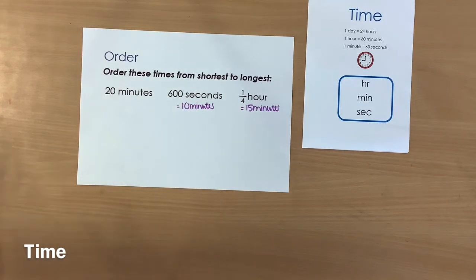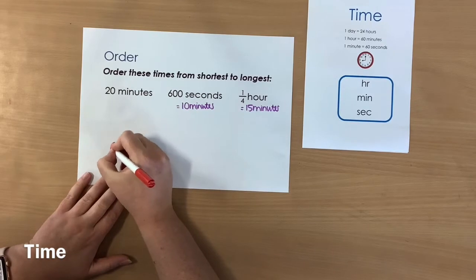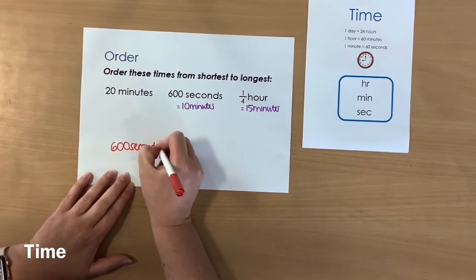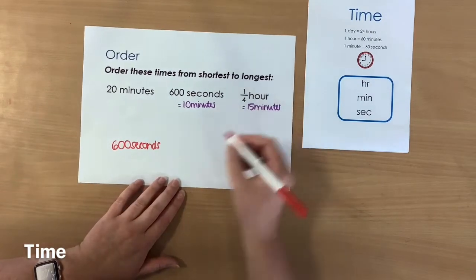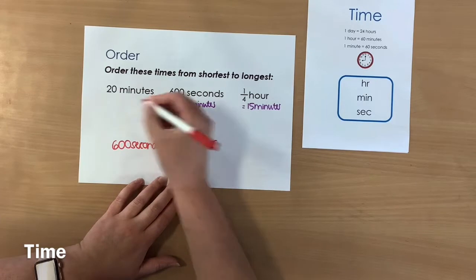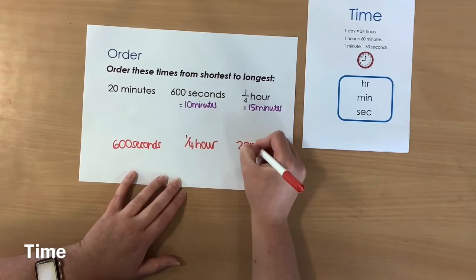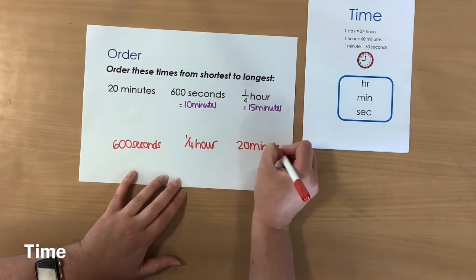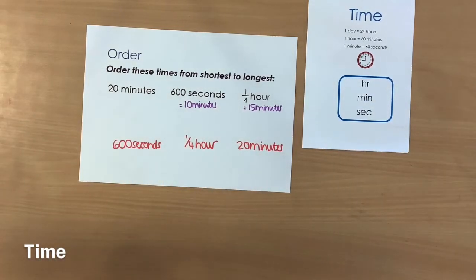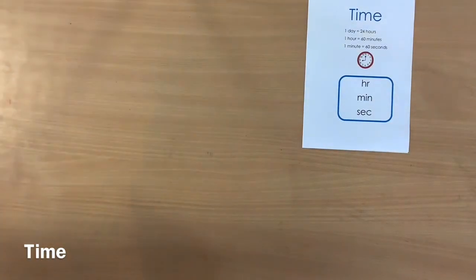The shortest would be the 600 seconds because that's 10 minutes, then the quarter of an hour, leaving me finally with 20 minutes. So if we are faced with a question like this, we just need to do some converting first of all.